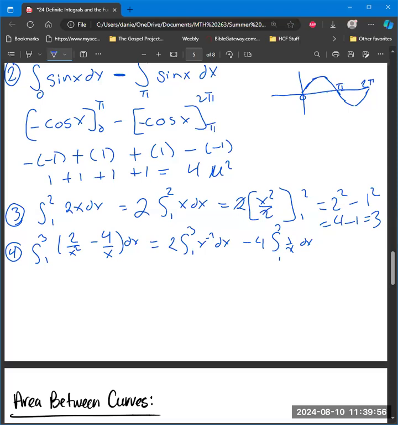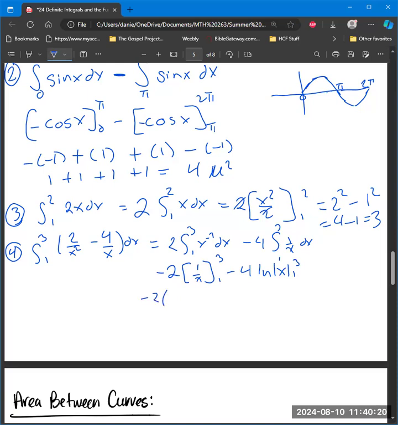So that's going to be -2 x to the -1st, which I'll write as -2 over x, from 1 to 3, minus 4 ln of the absolute value of x from 1 to 3.